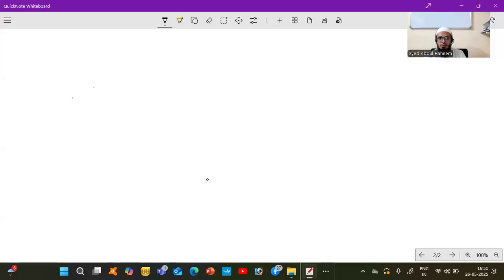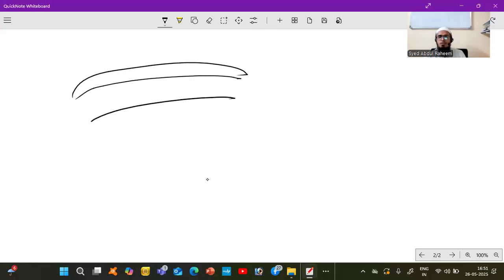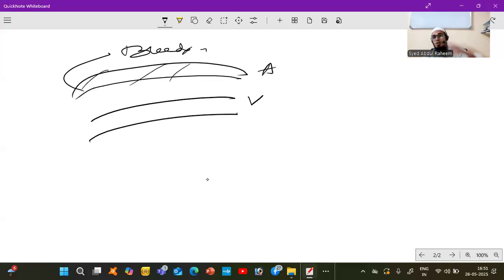Another one: if a person has a head injury, there is a probable chance of rupture of arteries and veins. Then bleeding will occur, probably inside the brain, meaning brain parenchyma, or outside the parenchyma of the brain.